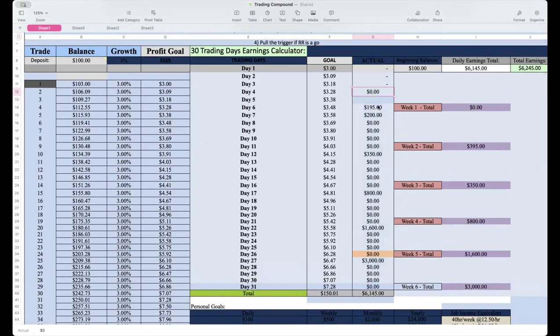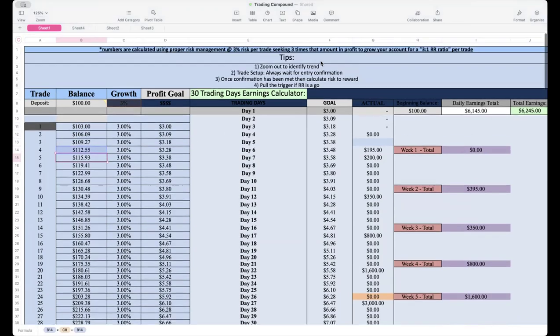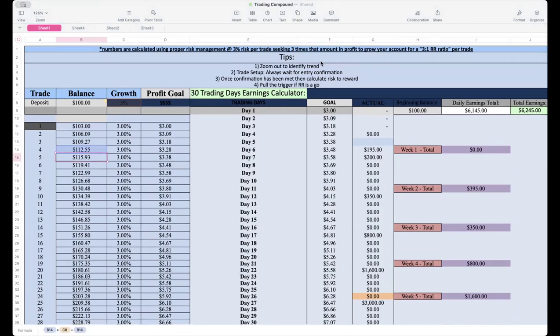The first week, oh, it's 195. Yeah, we went a little higher. So this is 112. So yes, and on here, this gives you a few tips. Zoom out. This was provided to me by the guy that told me to learn how to crawl before I walk.